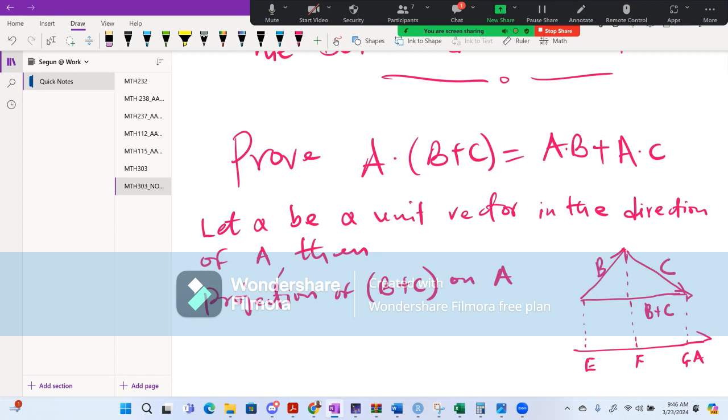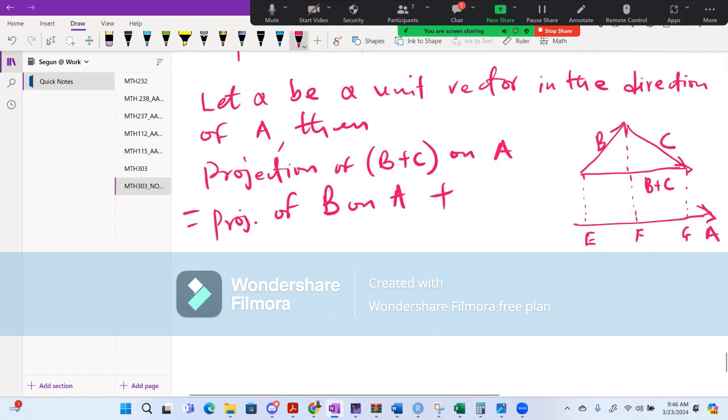Remember, everything we have here is A. So the projection of B plus C on A is equal to the projection of B on A plus the projection of C on A. Remember, B plus C. That is the interpretation of this.